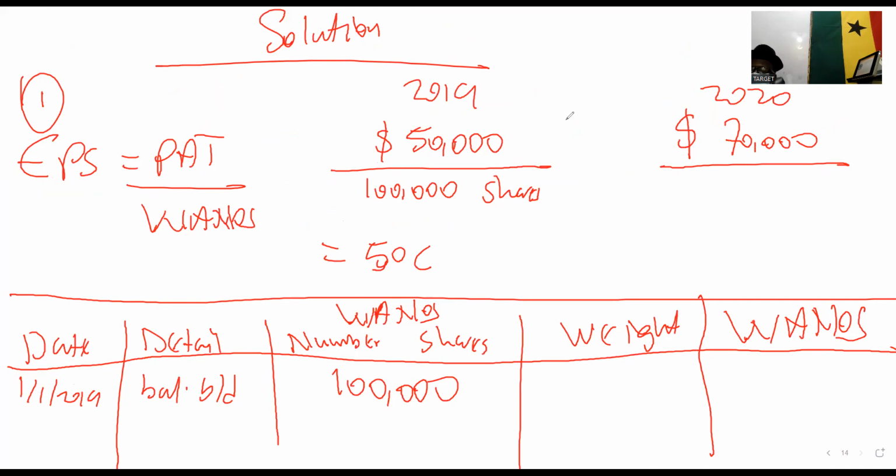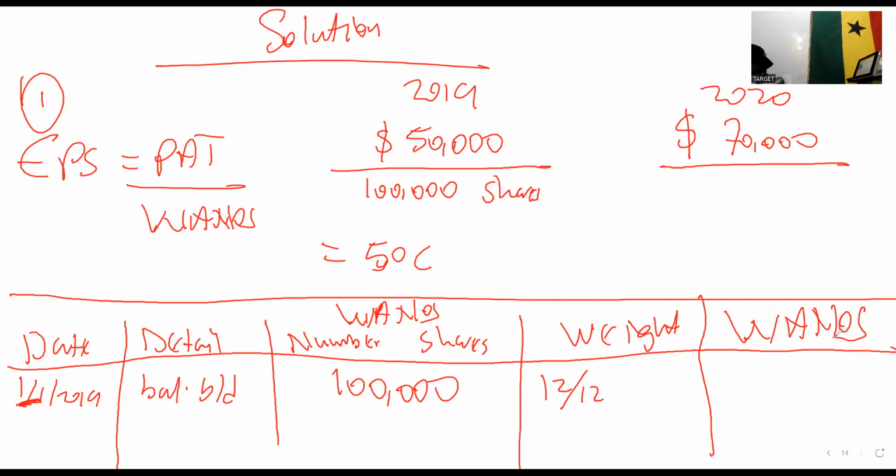Now ask yourself the simplest question ever. From the beginning of the year up to the end of the year, how many months? So the weight will be 12 months out of 12 months, hence 12 over 12, a full year.